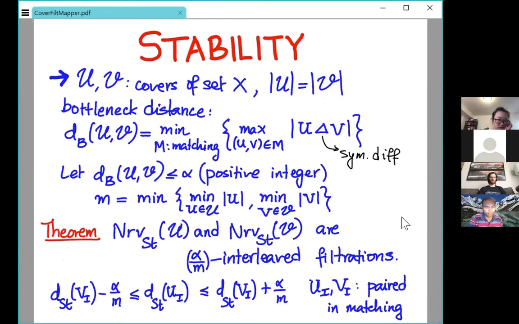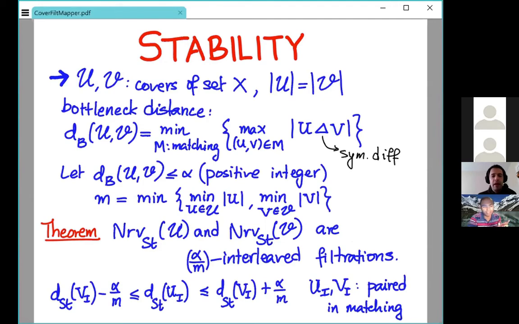Any other questions? I have a quick question, if that's okay. So this is for the Steinhaus distance, not for the generalized Steinhaus distance where you include a more general measure. It is the stability. I mean, all the results that I mentioned, at least on the theoretical side, they hold for the generalized Steinhaus distance. I see. So there doesn't seem to be any mention of the measure in this slide. Yeah, but DST includes the measure, right?